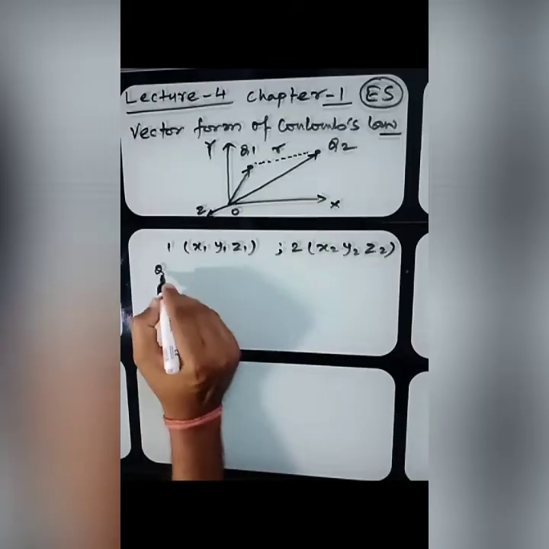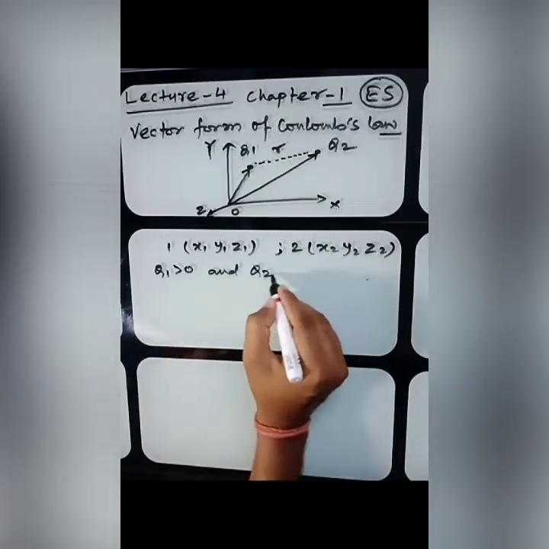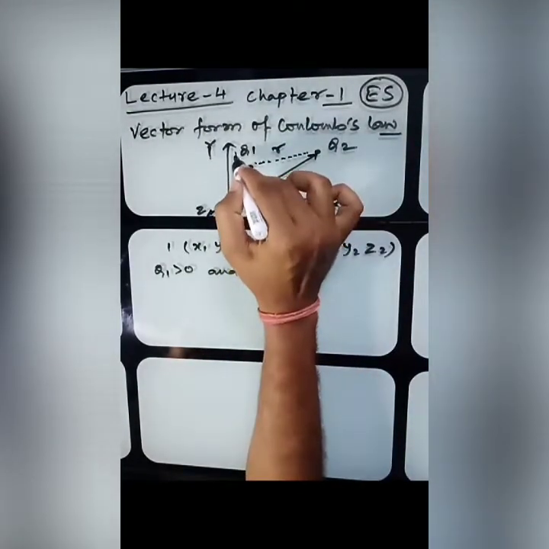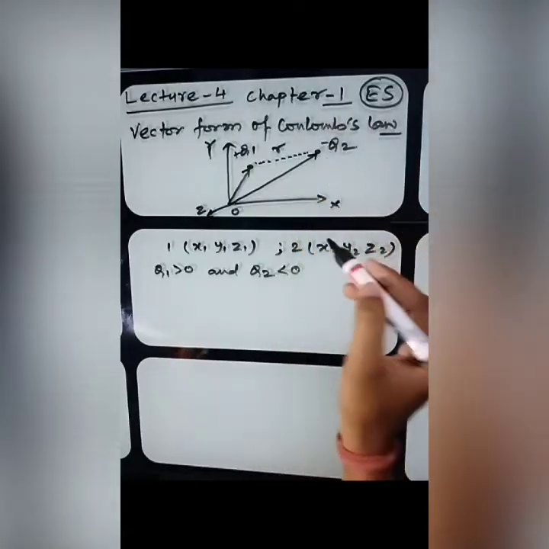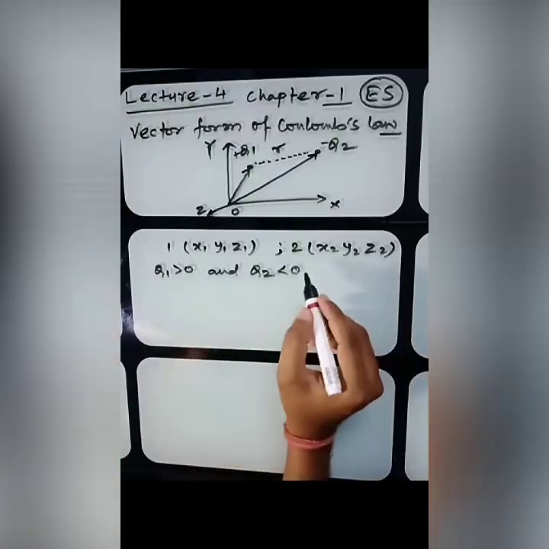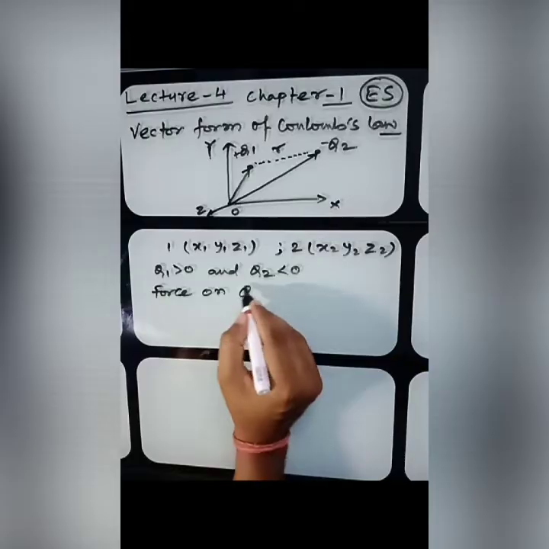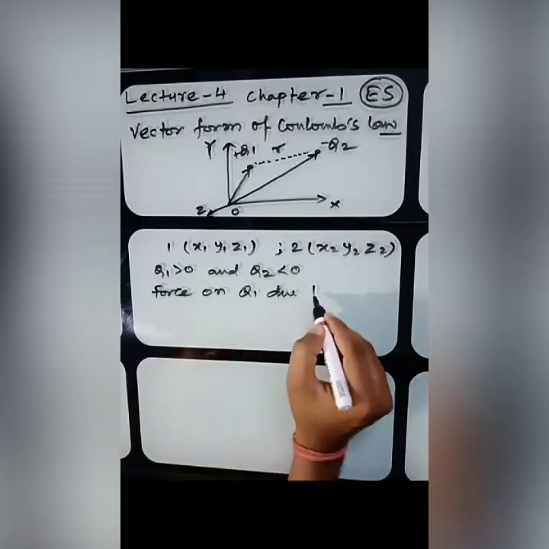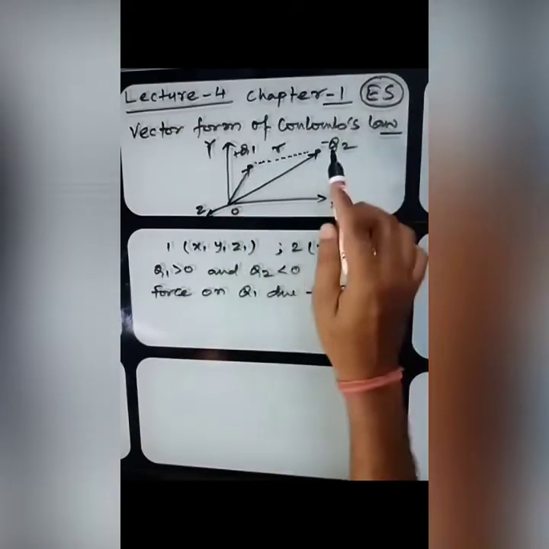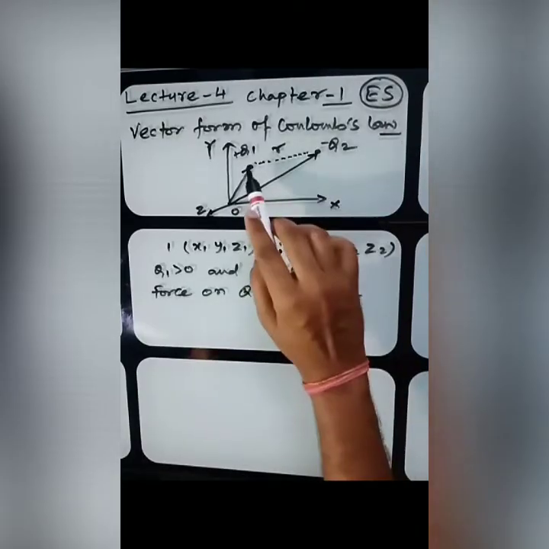Here we suppose q1 is positive and q2 is negative. We are finding the force on q1 due to q2. As we know, these two are unlike charges, so there will be a force of attraction.